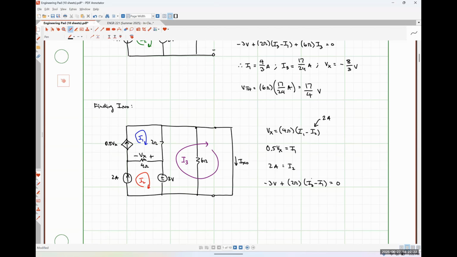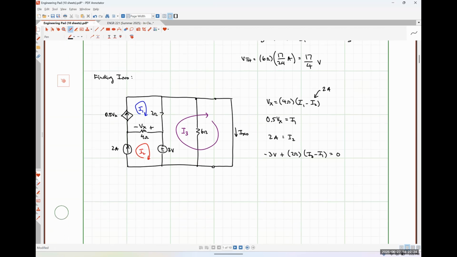So when I solve it, I got I1 is once again 4/3 of an amp. I3 this time is 17/6 of an amp. And Vx came out to be once again negative 8/3 of a volt.